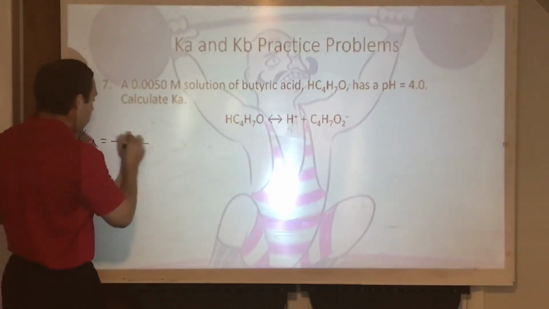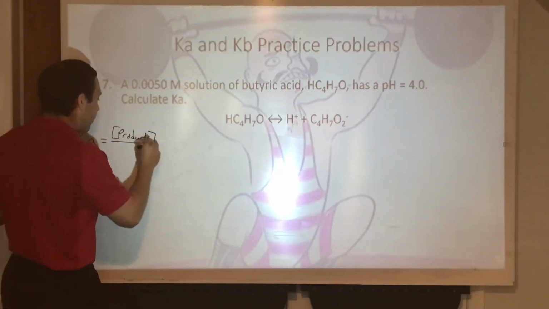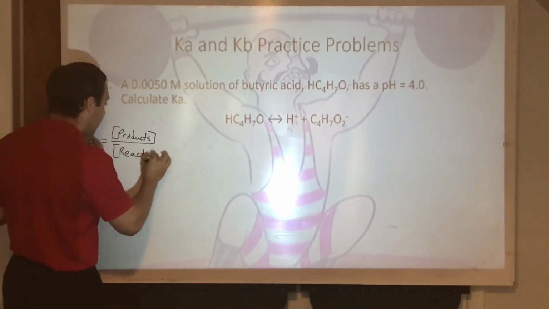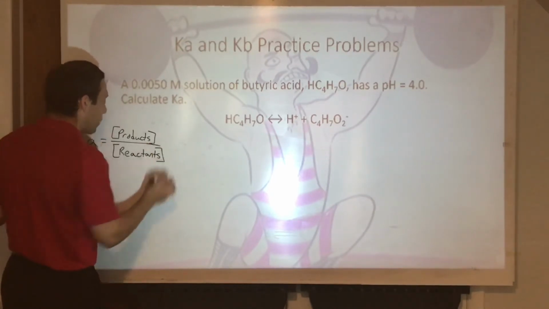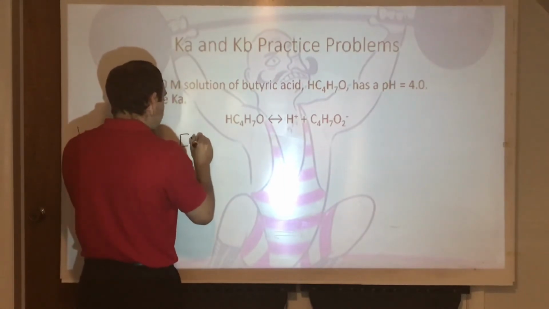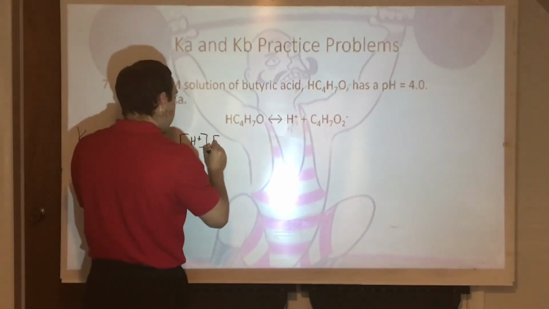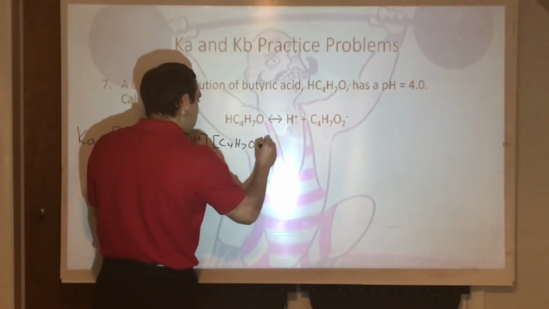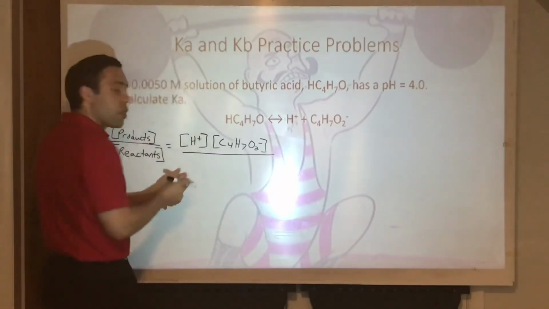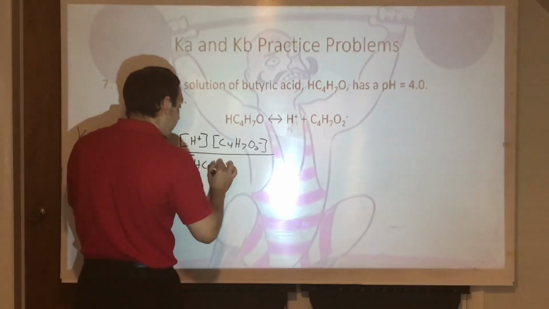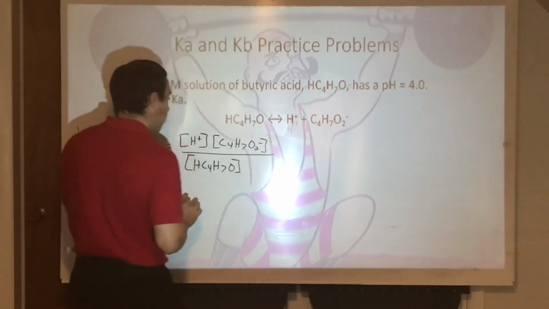Ka equals products over reactants, and our two products are H plus times the concentration of C4H7O2 negative 1, over the one reactant, the concentration of HC4H7O2.